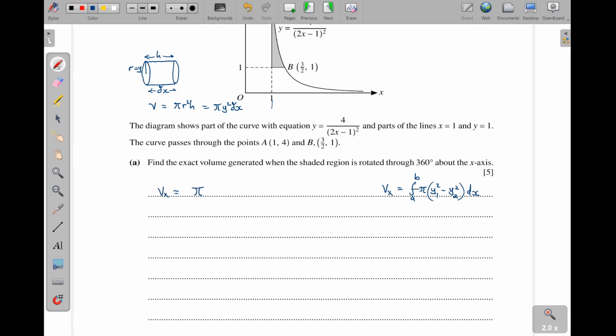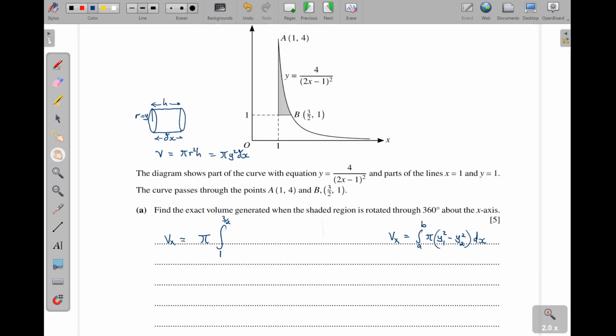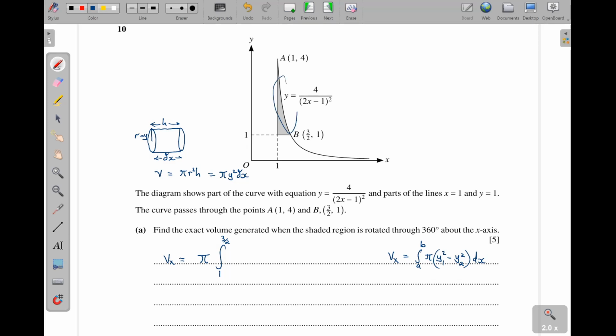I can put this pi outside here because it is a constant. Then we are integrating from the x-coordinate of A, which is 1, and then the x-coordinate of B, which is 3/2. So 1 and then 3/2. Then the one which is above is this curve here, so I will have 4 times (2x minus 1) to the power negative 2.